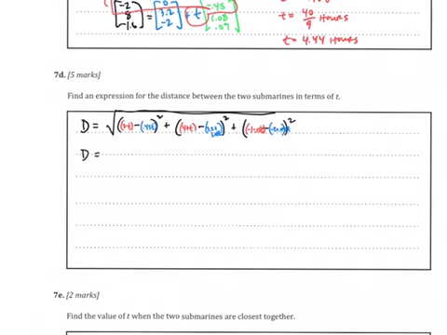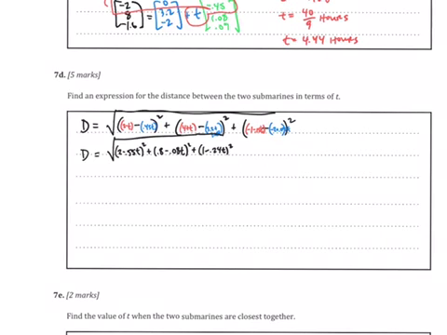Okay, this simplifies down to the square root of (2 minus 0.55t) squared plus (0.8 minus 0.08t) squared plus (1 minus 0.24t) squared.